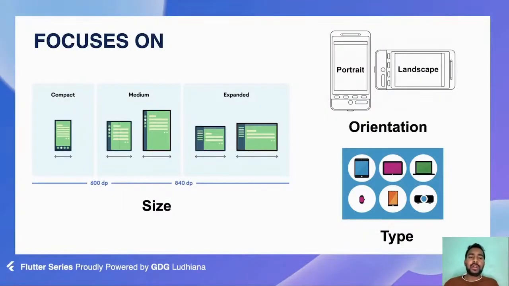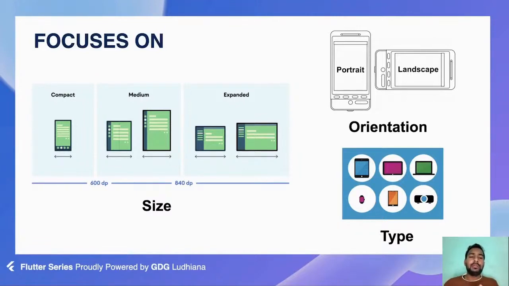Responsiveness mainly focuses on three aspects. The first one is size, the second one is orientation, and the third one is type. If we focus on these aspects, we can easily achieve responsiveness for our Flutter project and develop a responsive UI.